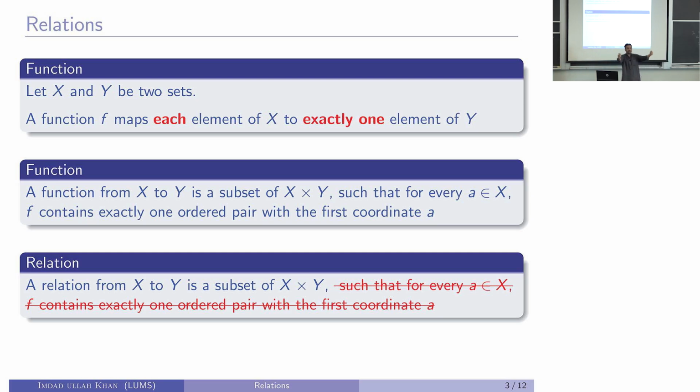That is called the cross product of x and y, right? This is a set of all ordered pairs. If you take a subset of it, then it's called a relation.